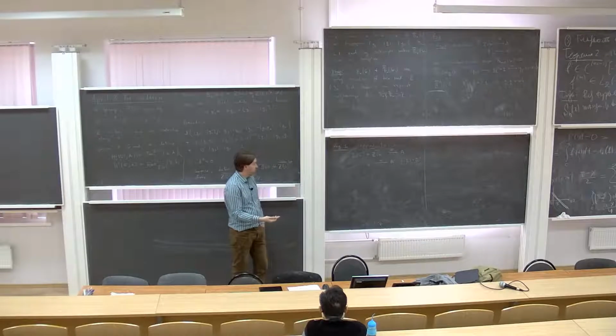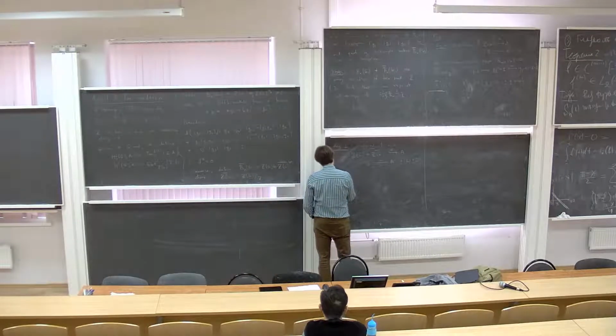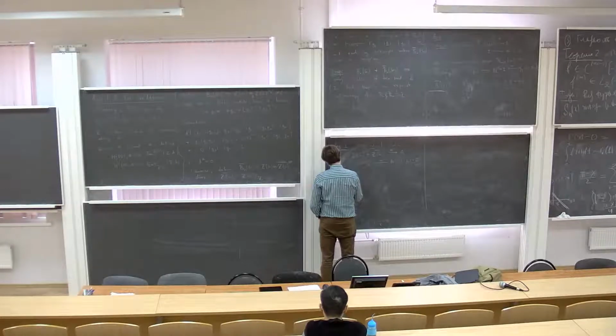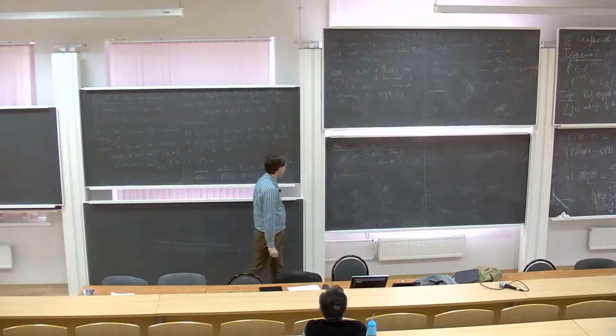Let's write down a coboundary. Okay, so a 1 coboundary looks like the following.